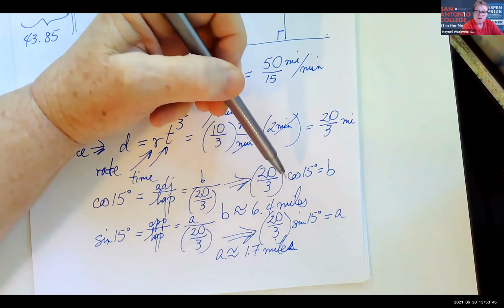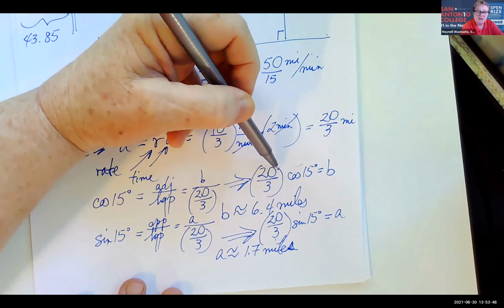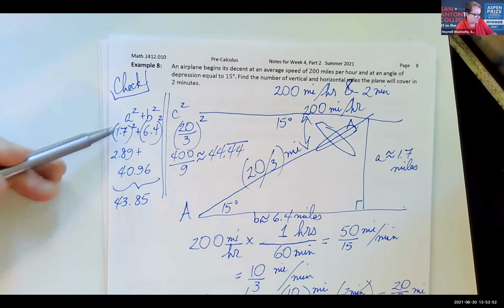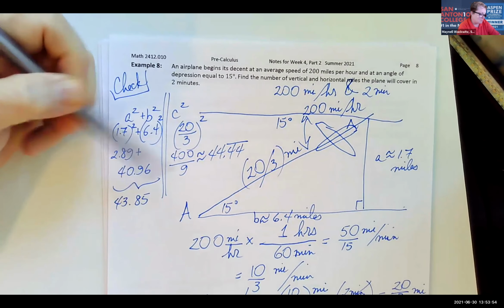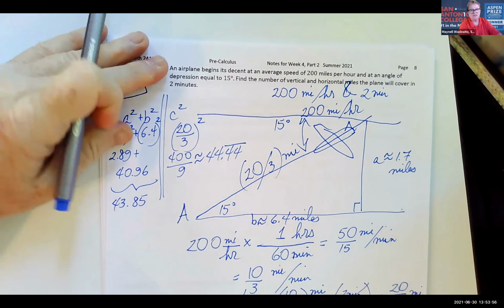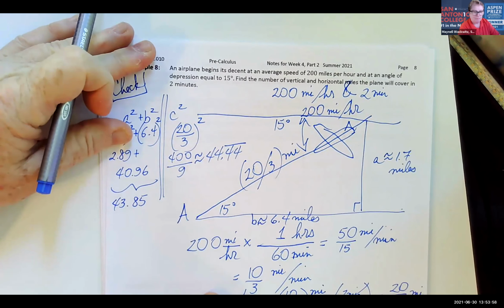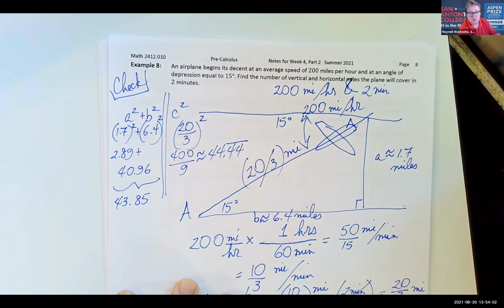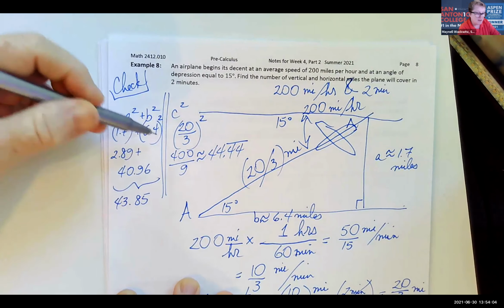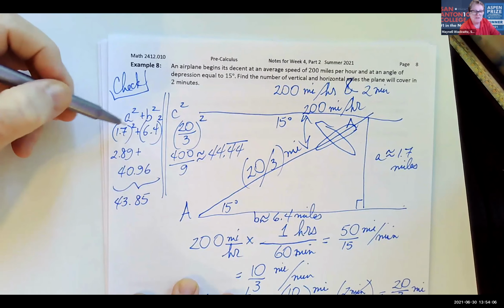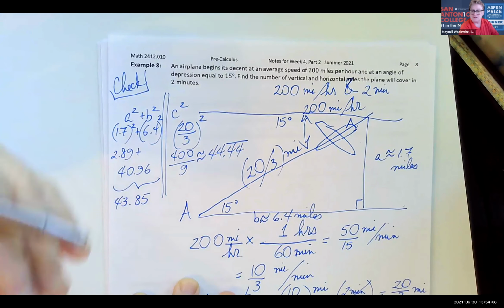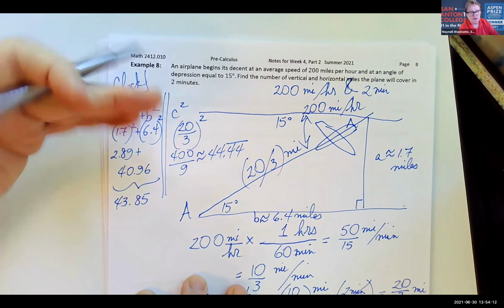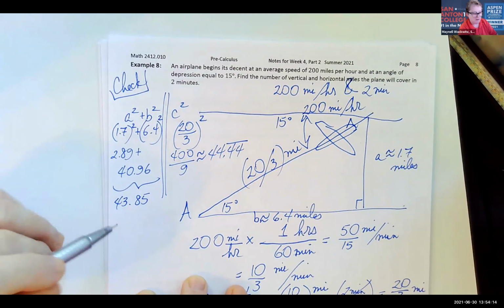We took a lot of accuracy away from the cosine of 15 and the sine of 15. So we're very happy with these values. We got the same ballpark. So I know I didn't miss a decimal place, in other words. And as far as Connect Math goes, usually if you use the trig identities to find the sides, that'll give you the most valid answer that they are looking for, and then use the Pythagorean theorem to check.